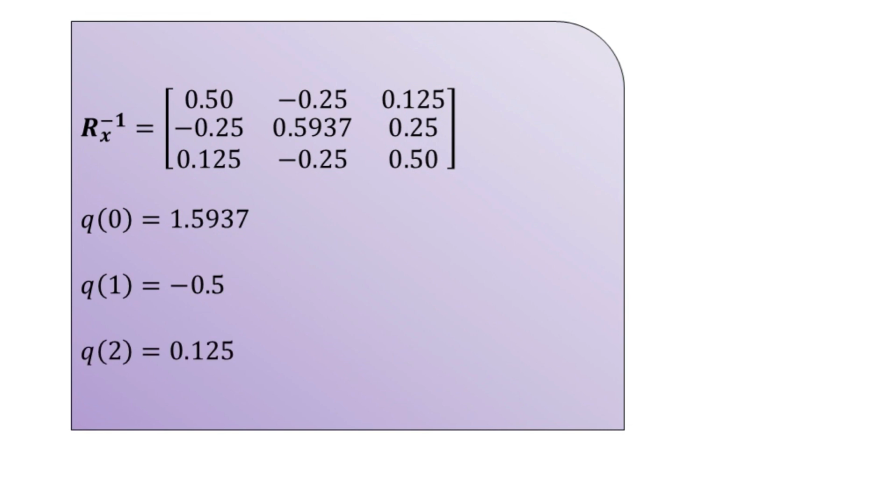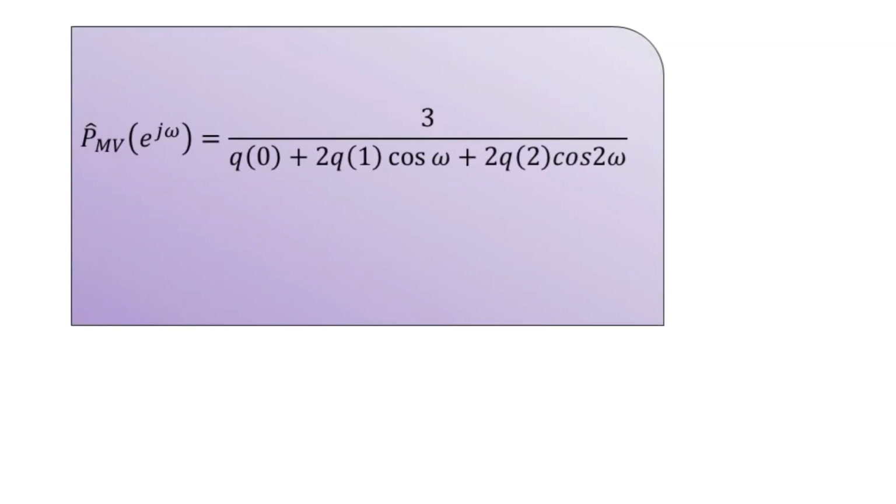With the use of this, we can have the generalized representation of the second order form for the minimum variance power spectrum estimate. That is, we have capital P cap suffix MV as a function of e to the power j omega equal to 3 divided by Q of 0 added to twice Q of 1 cosine of omega added to the last term twice Q of 2 into cos twice omega.